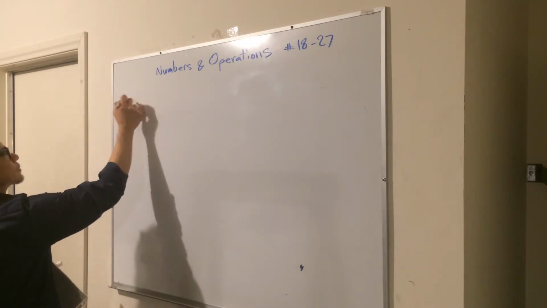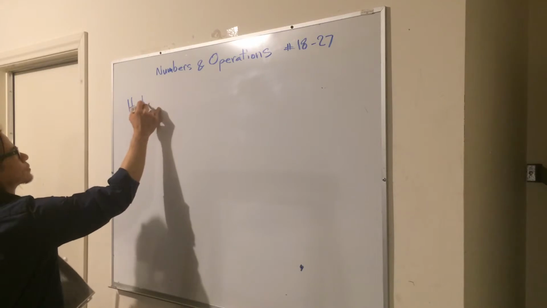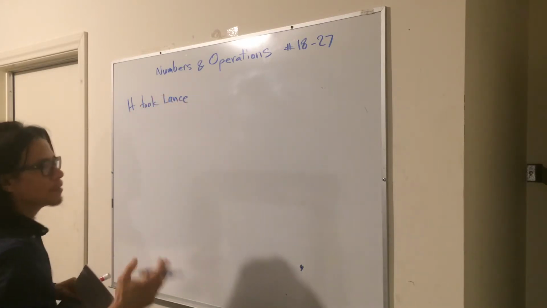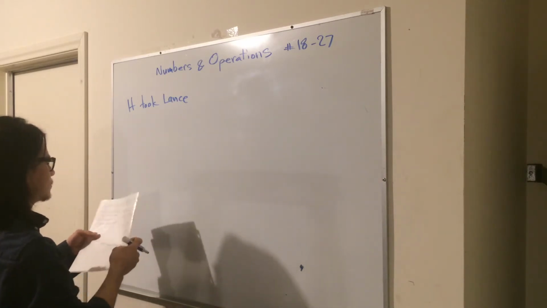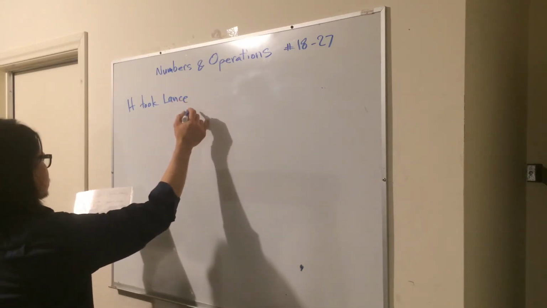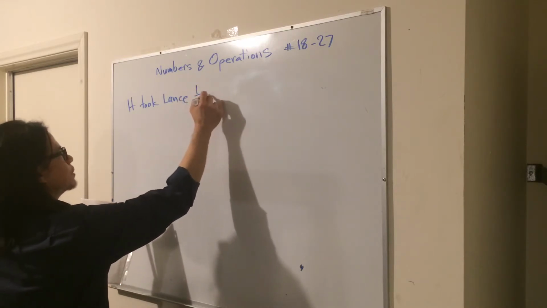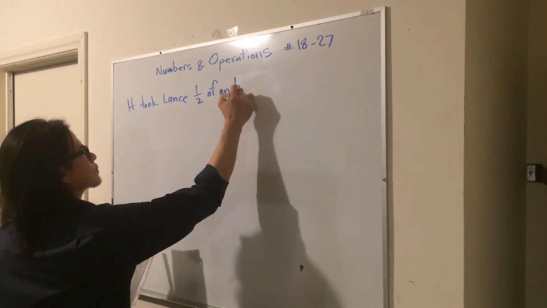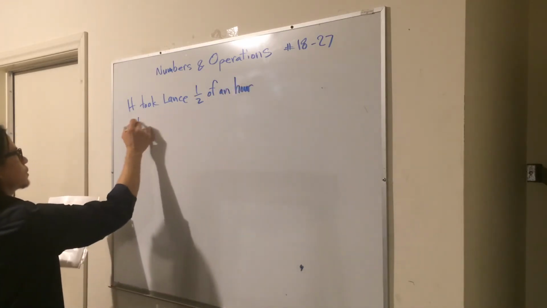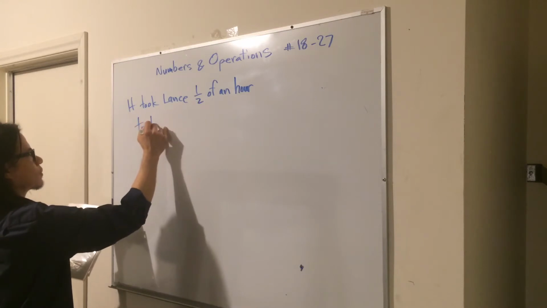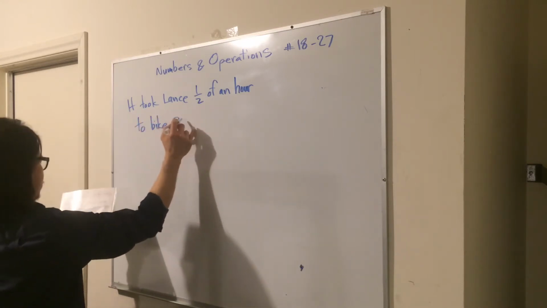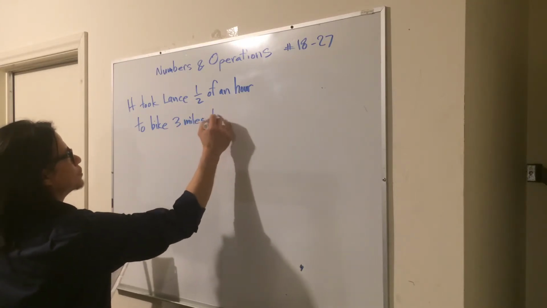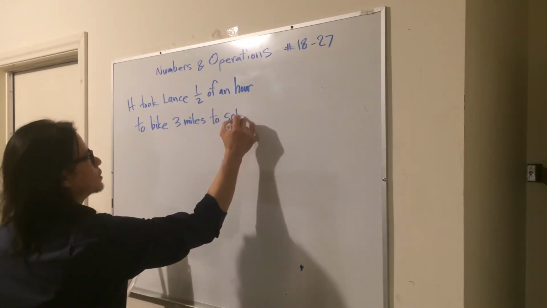Now for your final question. Let's say it took Lance, I'm thinking Lance Armstrong, he's a great bicyclist by the way, half an hour to bike 3 miles, let's say, to somewhere, school, for example.